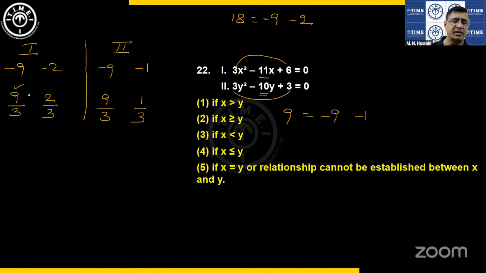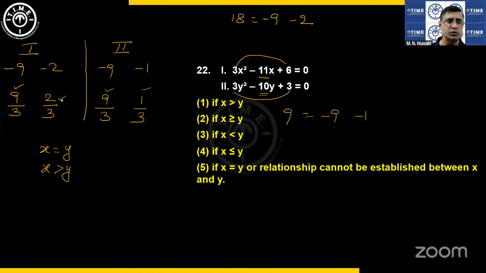Just look at this one. The first of the roots of the first quadratic equation, I am comparing with both the roots of the second quadratic equation. 9 and 9 both are equal. 9 is greater than 1. What about the second root of the first quadratic equation?